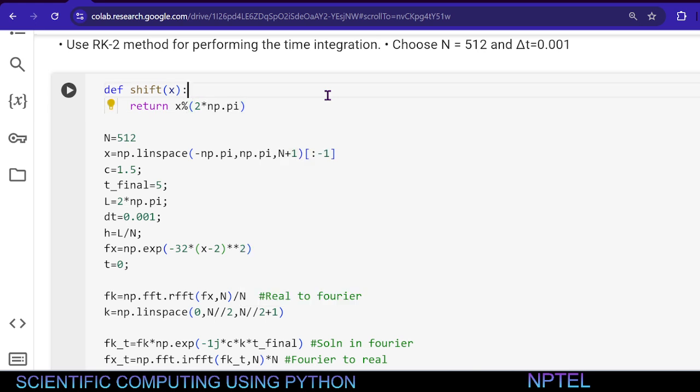Okay, but this won't work. Why? Because we want minus pi to pi. Right now it will give from 0 to 2 pi, right? If it is 3 pi, then it will just subtract 2 pi. If it is 11 pi, then it gives again 1 pi. Okay, but we want it from minus pi to pi. So we have to subtract np dot pi.